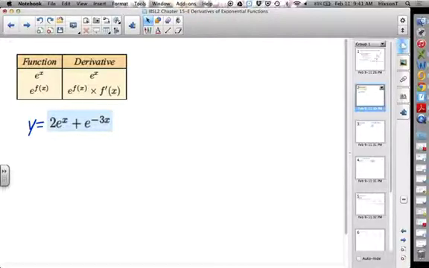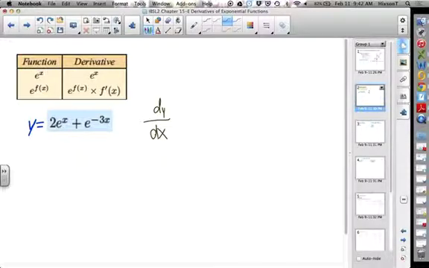Okay, so in this case here, we have a sum, and the derivative of a sum is the sum of the derivatives, so we can just take one part at a time. You guys know the derivative of e to the x is e to the x. What do we do when there's a constant multiple, like 2 times e to the x?